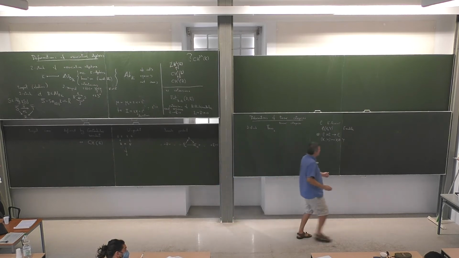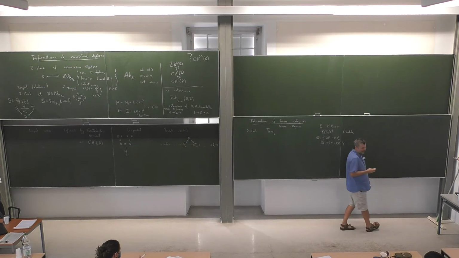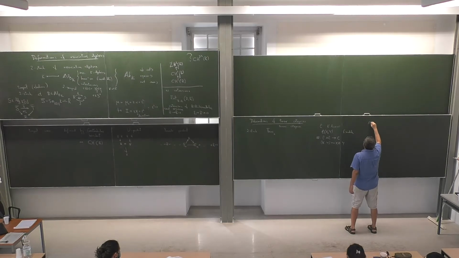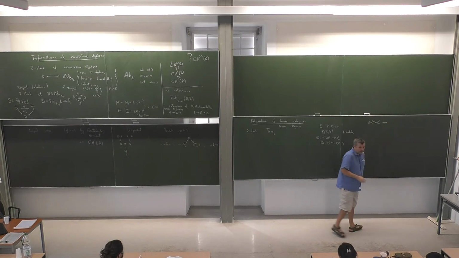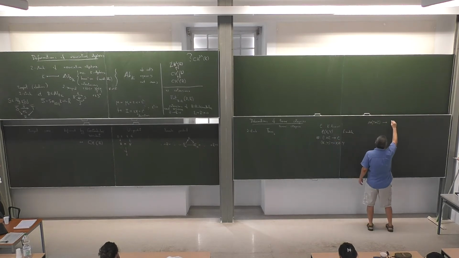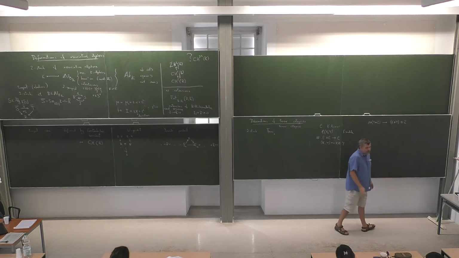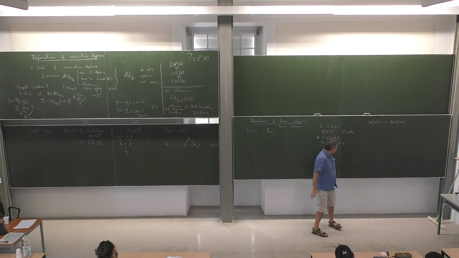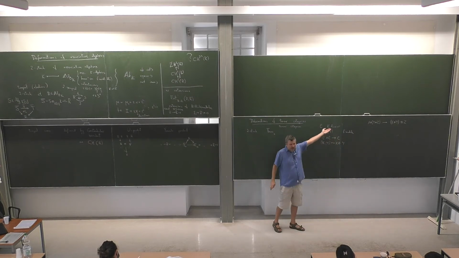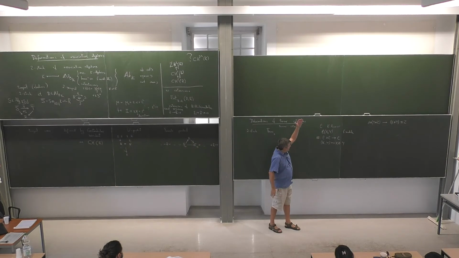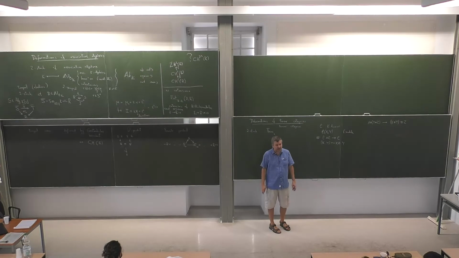Probably should write it down, because it's going to be important eventually. The associativity constraint is an isomorphism, for each choice of objects x, y, and z, between tensor products like that. We don't think about it when we look at our model example of free K modules with the tensor product over K. It just comes for free. But if you think about the definition, how do you define tensor product?